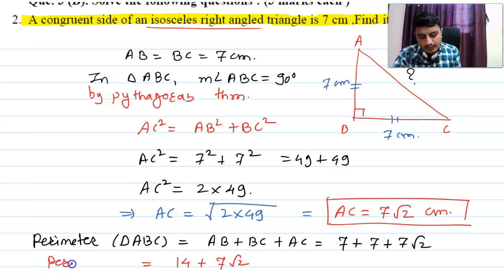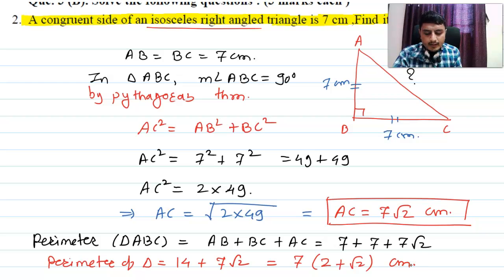So the perimeter of the given triangle is 14 plus 7 times root of 2. We may take 7 common, so 7 twos become 14, so we get 7 into 2 plus root of 2, that many centimeters is the perimeter of the required triangle.